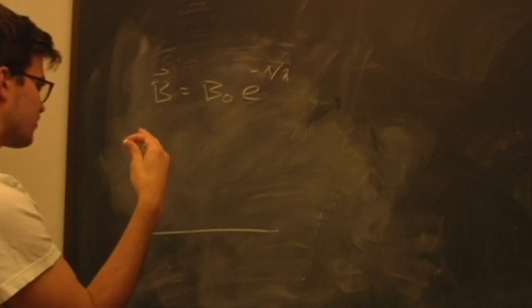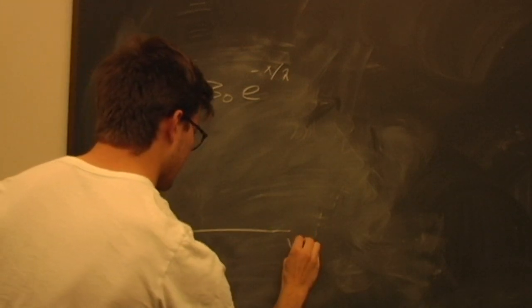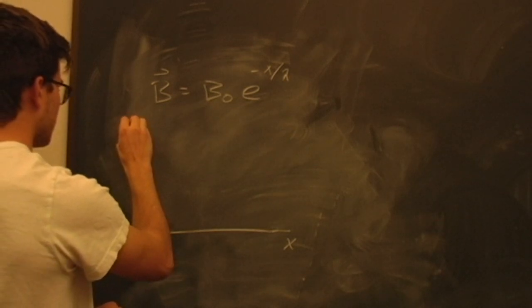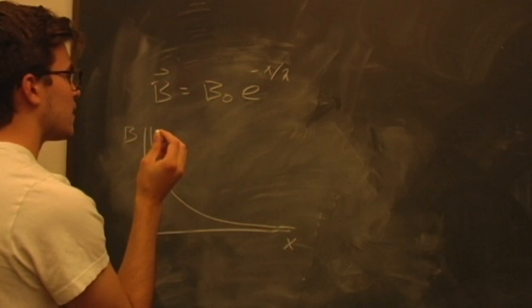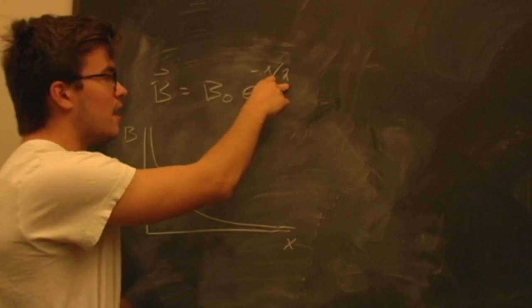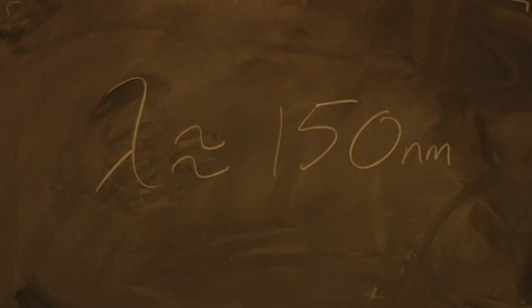If we have a magnetic field in the z direction, and we're looking at the superconductor in just the x dimension here, then, say this is the depth from the wall of the superconductor, you see this exponential decay. And this is going to be pretty small, so it's going to fall off pretty quickly. This London penetration depth is specific to a material at a given temperature and can be measured for many different materials. The penetration depth of the YBCO we are using is about 150 nanometers.